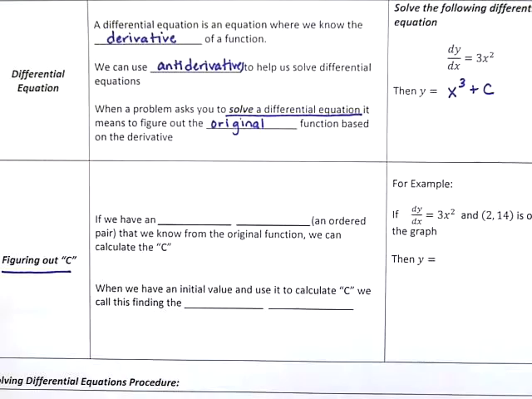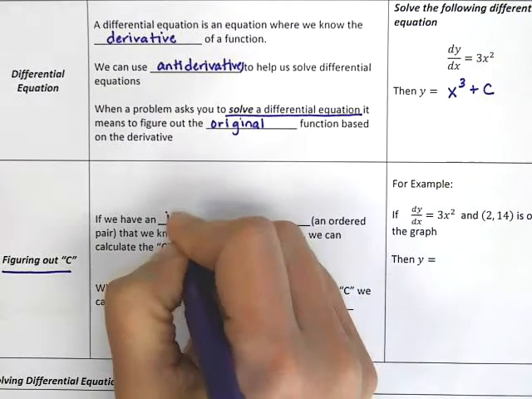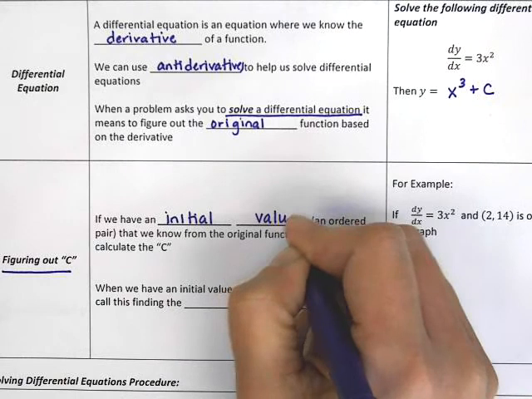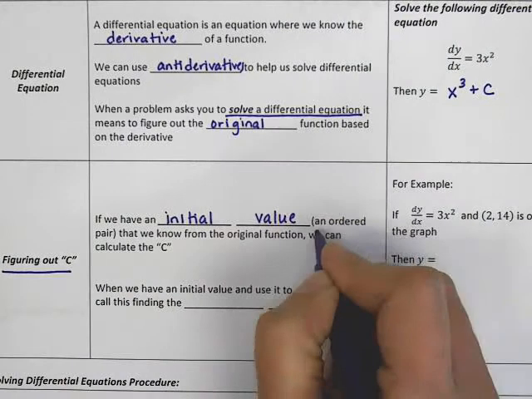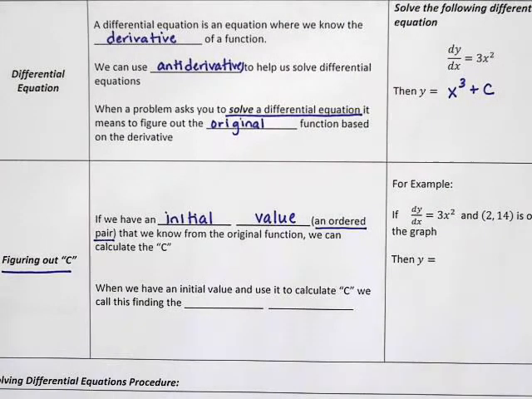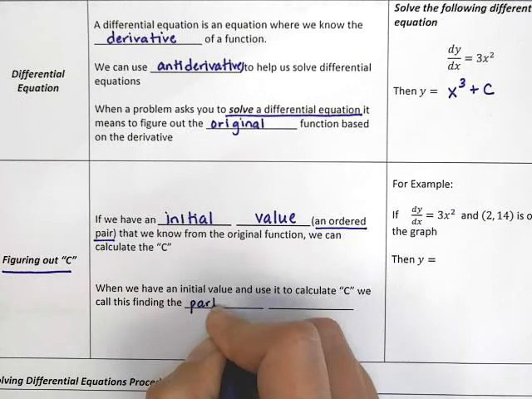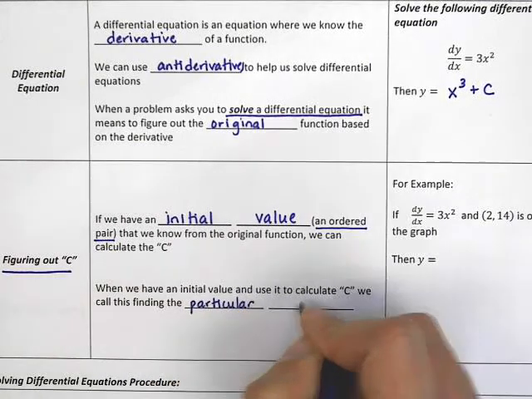So if we have an initial value, or in other words, an ordered pair that we know was part of the original function, we can calculate the c. Now we did this several times in class today. Basically, the antiderivative part is really the new part that we haven't practiced yet. So when we have an initial value and we use it to calculate the c, we call this finding the particular solution.